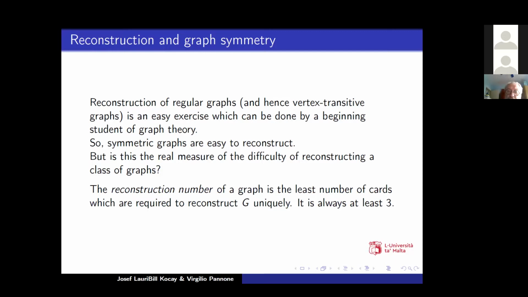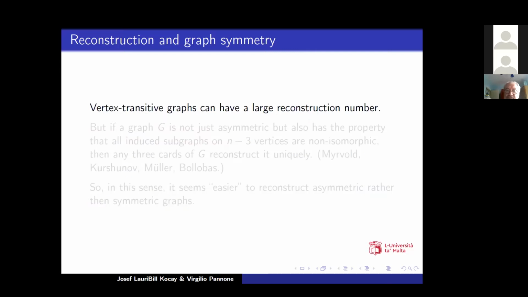Now, when you go to vertex transitive graphs, they can have a large reconstruction number, as large as around half the total number of cards of G, half the total number of vertices.